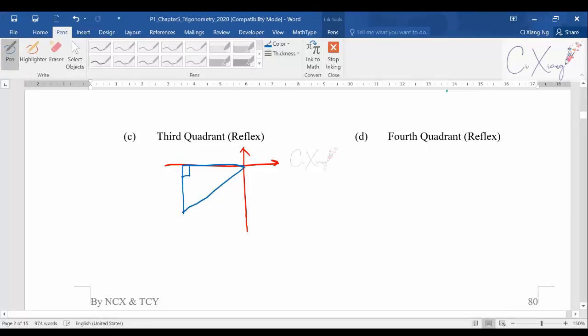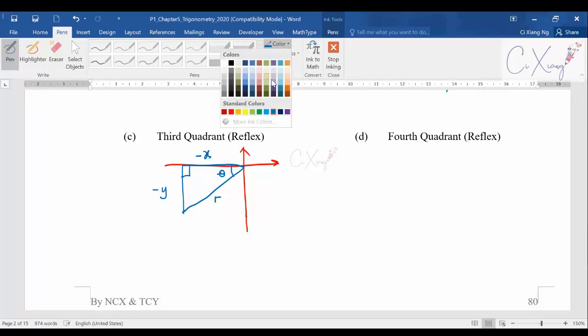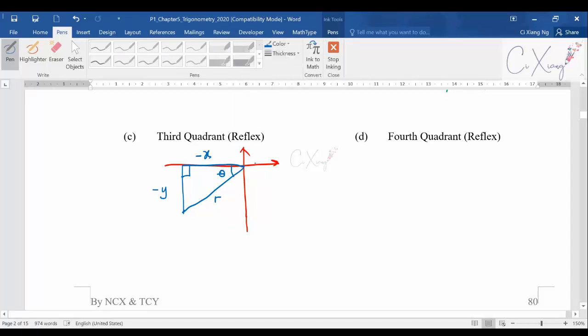So this is 90 degree, and this is theta, negative x, negative y, and this value is the R. When we look for the angle here, it is measured from the positive x-axis until this line, so it should be 180 plus theta.